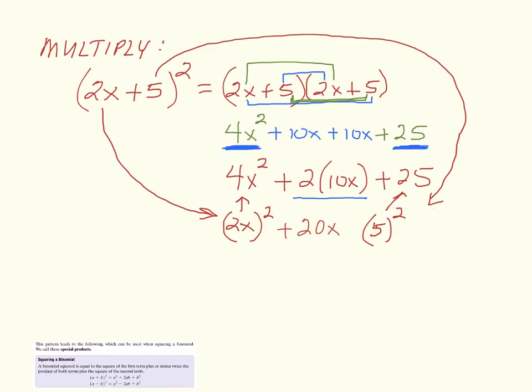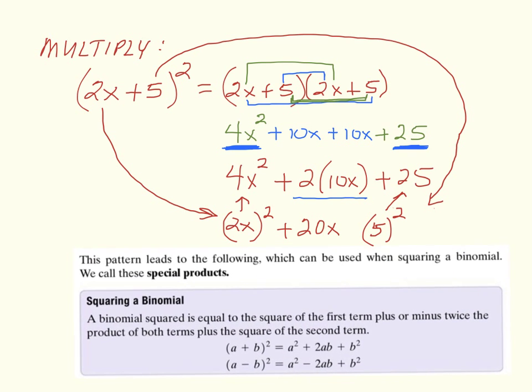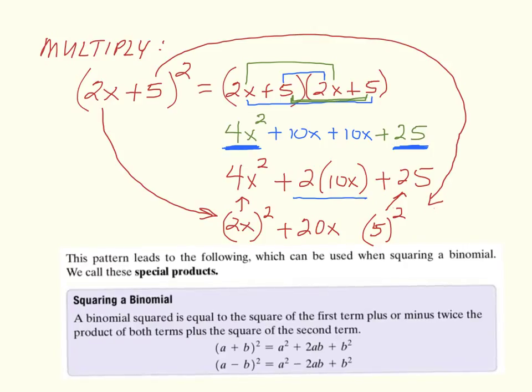But what happens when you have a binomial and you square it? You take the binomial, you look at the first term in the binomial, you square it. Let me point it out to you. Look at the first term in the binomial, like in this definition here.